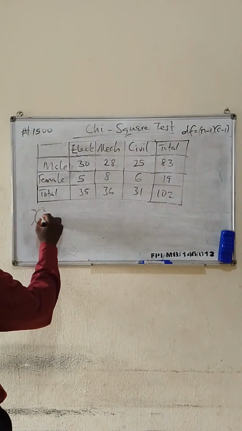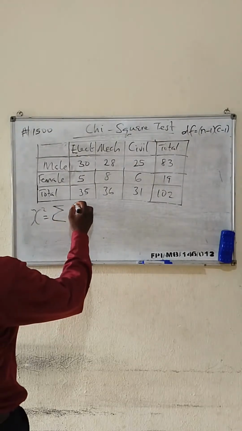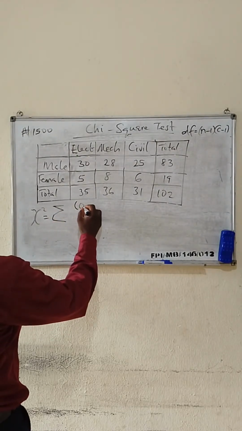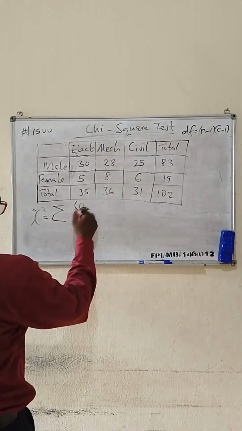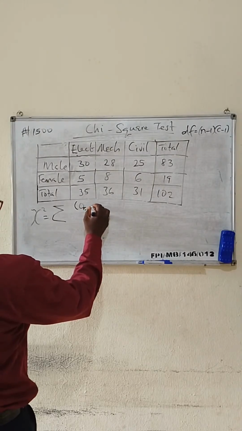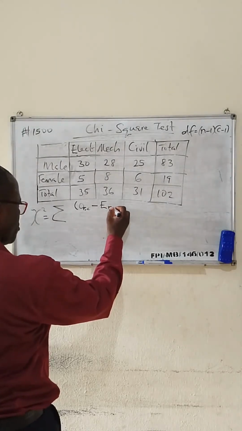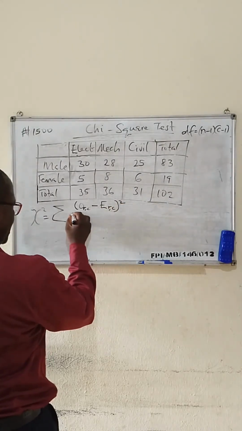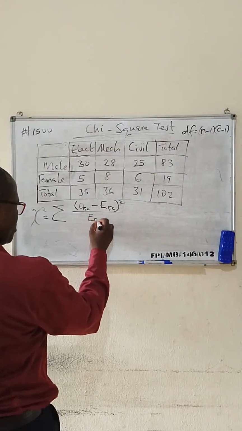Chi squared equals summation of O subscript R comma C, this is observed, minus E subscript R comma C, squared, divided by E R comma C.